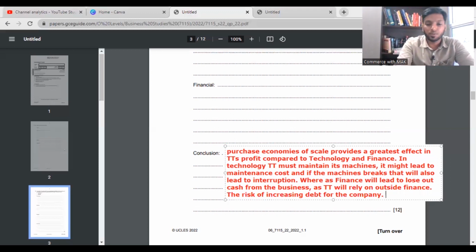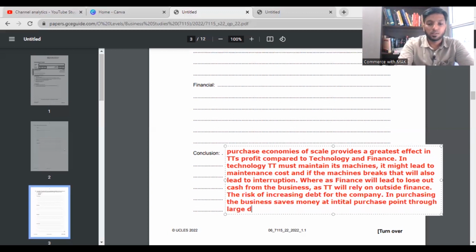In purchasing, it doesn't happen. At the initial point, in purchasing, the business saves money at the purchase point, through large discounts and cheap suppliers.